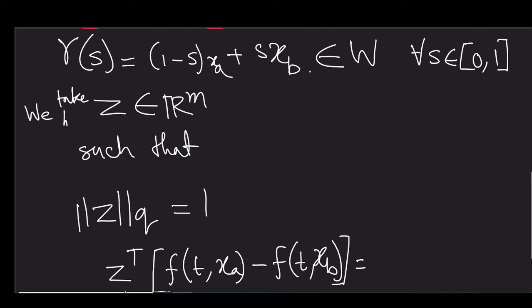is equal to, see here, what is the dimension of Z? It's Rm. So if you take the transpose, it will give you 1 cross m, and f has dimension m cross 1. So basically you will get 1 cross m times m cross 1, that will result in 1 cross 1, and that gives you this.